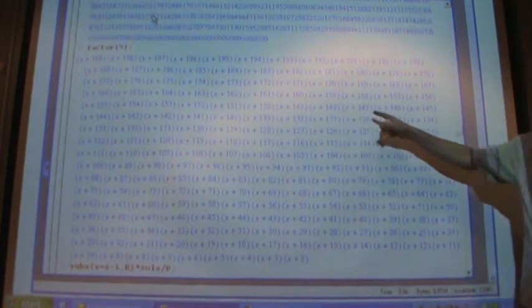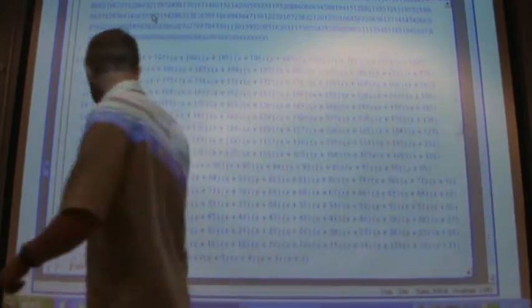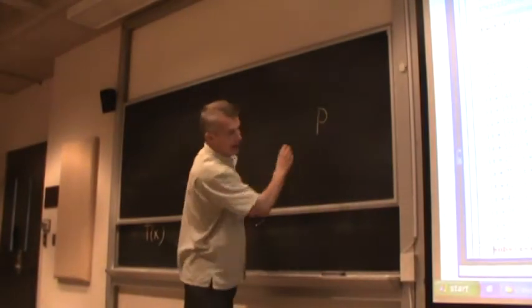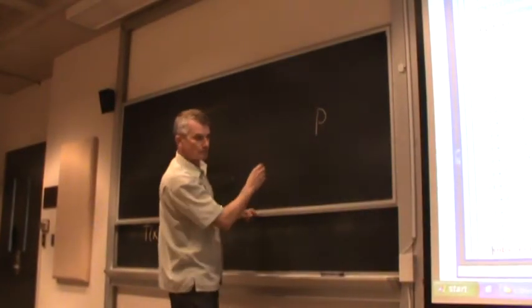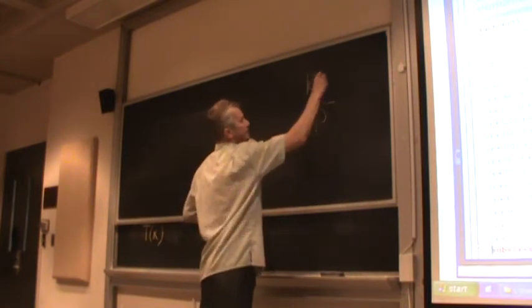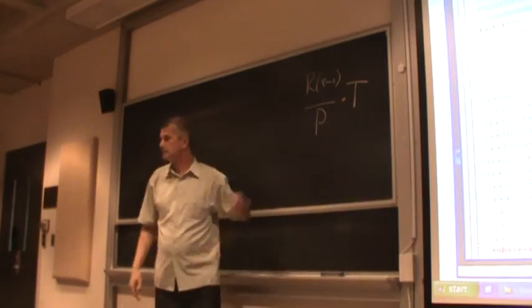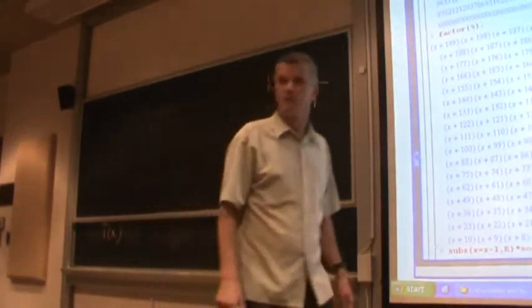But this is not the last step. I take this solution P, if it exists, put R of x minus 1, and multiply by my input term. And this will be the answer to the hypergeometric summation problem.